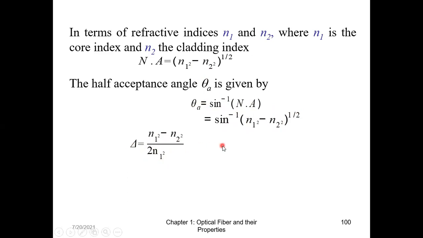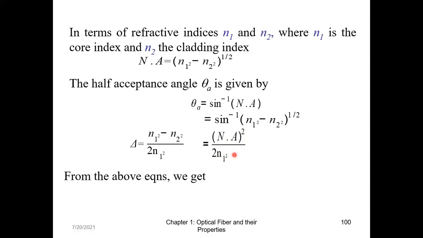I hope you are following and writing also. So from this formula of delta, here I can write NA square upon 2N1 square. From this equation, NA is equal to N1 into the square root of 2 delta.